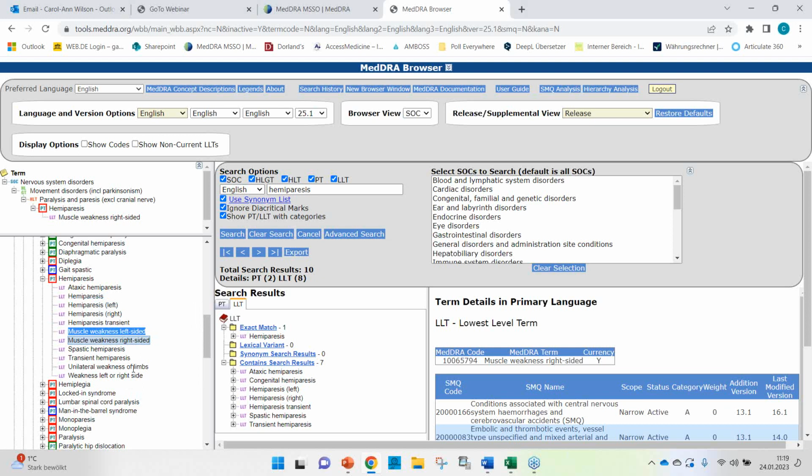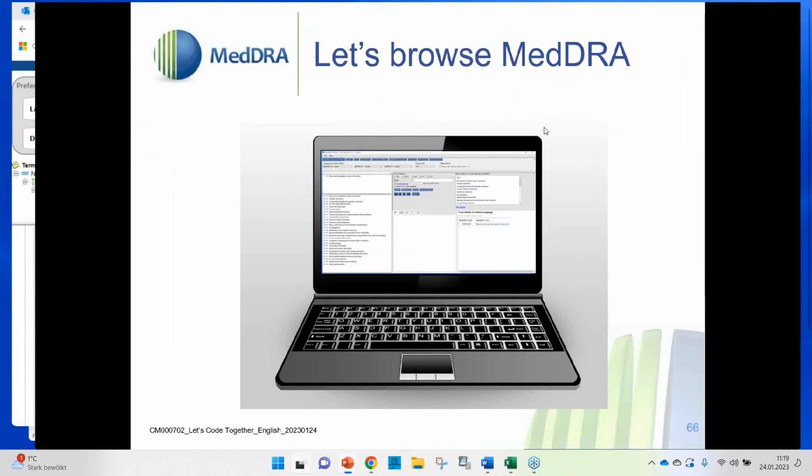But we know that it's not the full side that is affected by the muscle weakness. So unilateral weakness of limbs would be closest to our verbatim. So we see that in all paresis and paralysis terms, the information on laterality, of course, is relevant. And most of you already agreed with me in this respect.